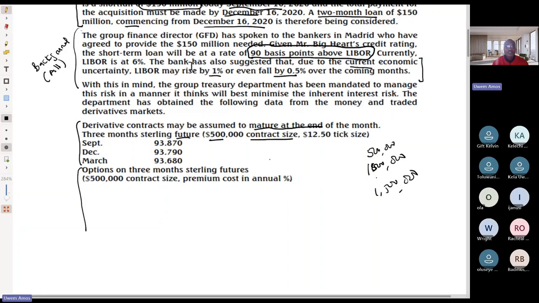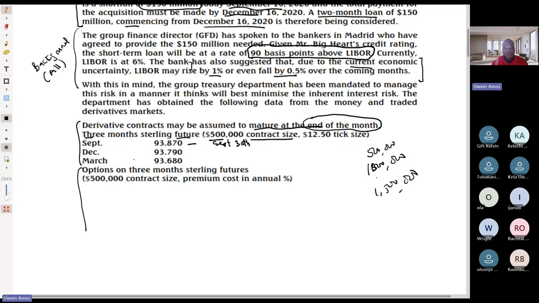It says derivative contracts may be assumed to mature at the end of the month. So our first futures matures September 30th. All of them are 3 months.